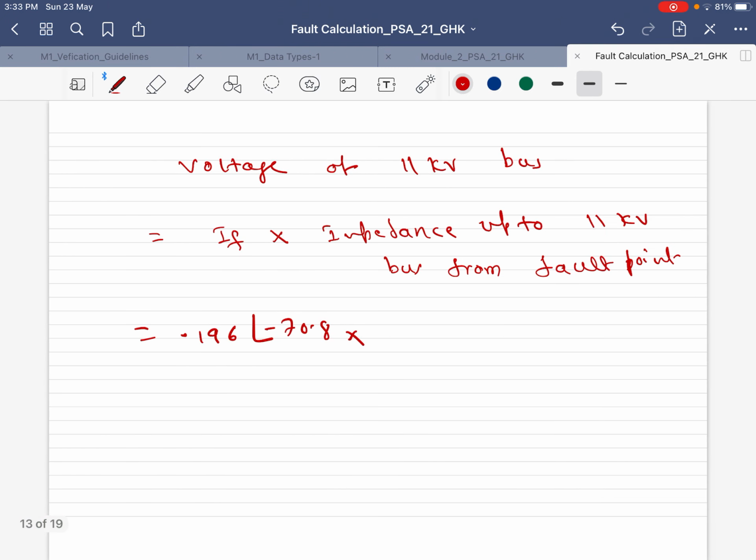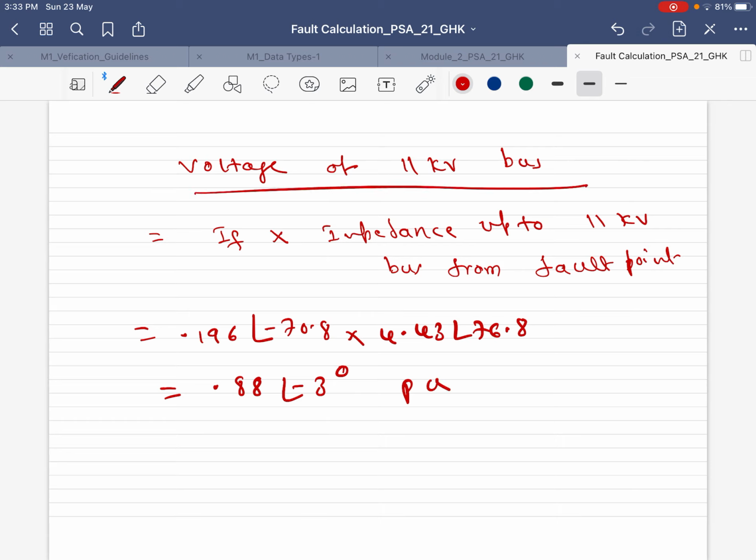If you multiply this impedance, 4.43 at an angle of 76.8, then you are getting the voltage 0.88 at an angle of minus 3 degrees per unit. That is the voltage at the L1 kV bus during the fault condition.